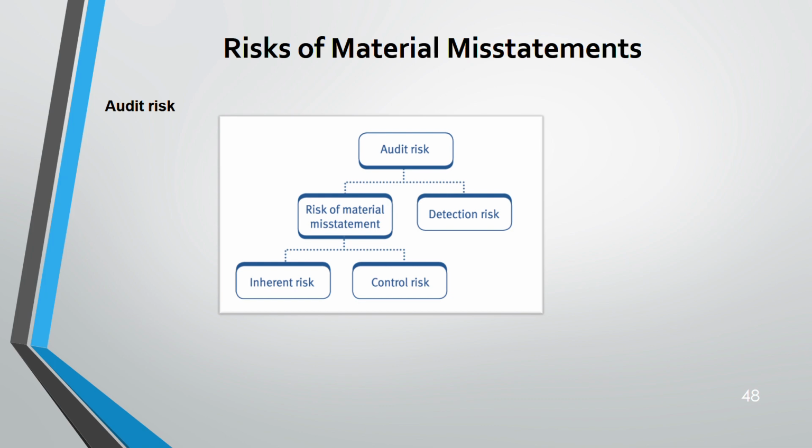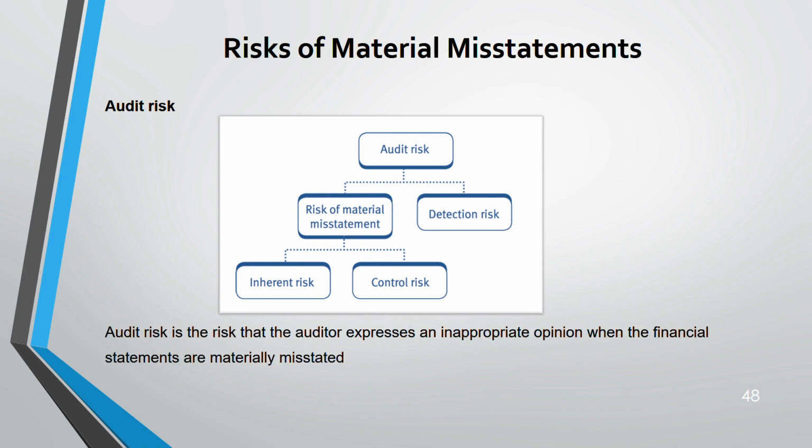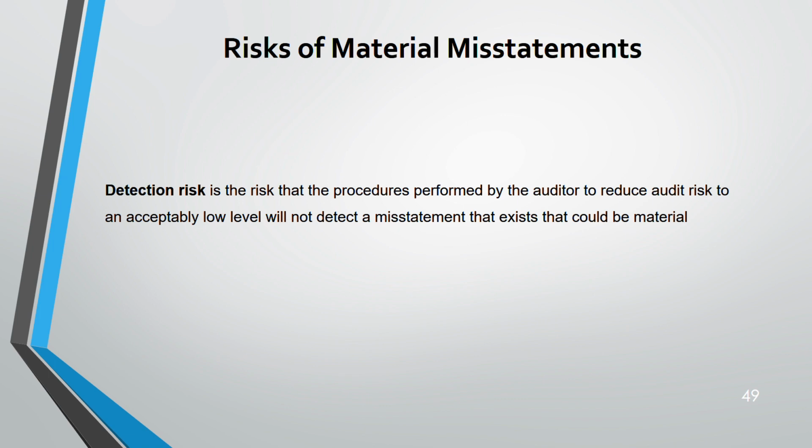Risk of material misstatement further comes down to two components: inherent risk and control risk. Both we have covered. So, audit risk means that there's a risk that auditors might give an inappropriate opinion about the financial statements. They might not give the correct audit opinion. That is audit risk. Now comes the detection risk.